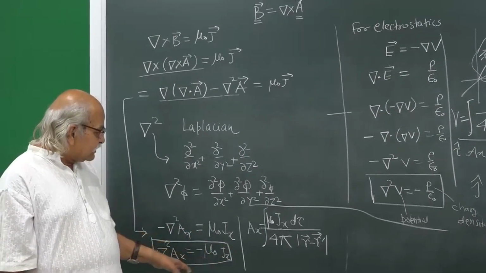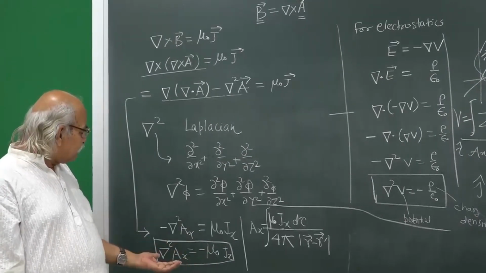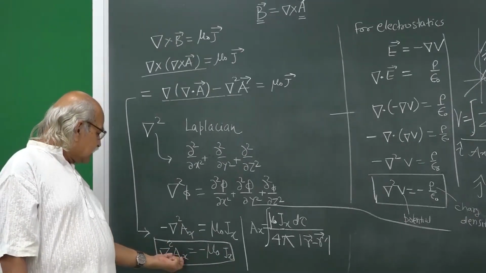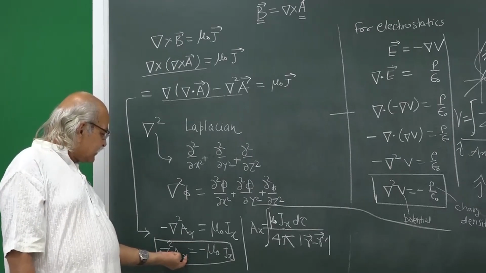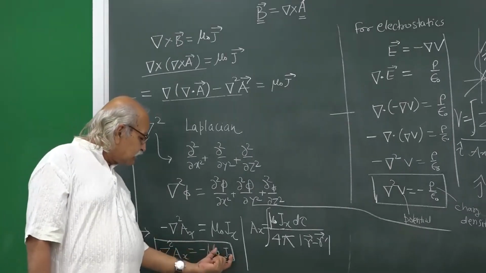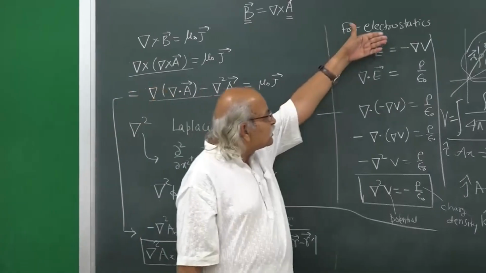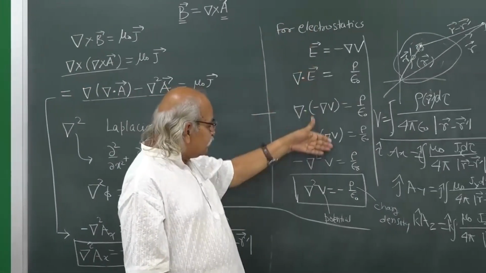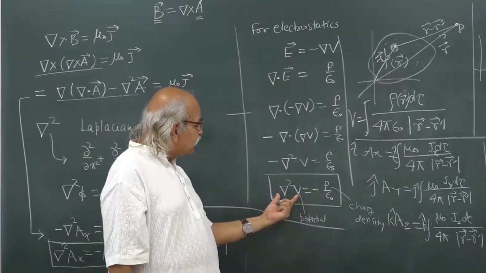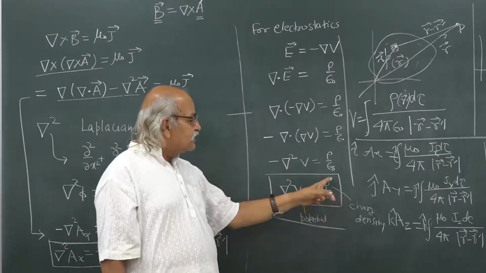component and z component. This same del square of a scalar field equal to some distribution also comes in electrostatics, where we saw that del square of electric potential is minus charge density by epsilon naught.